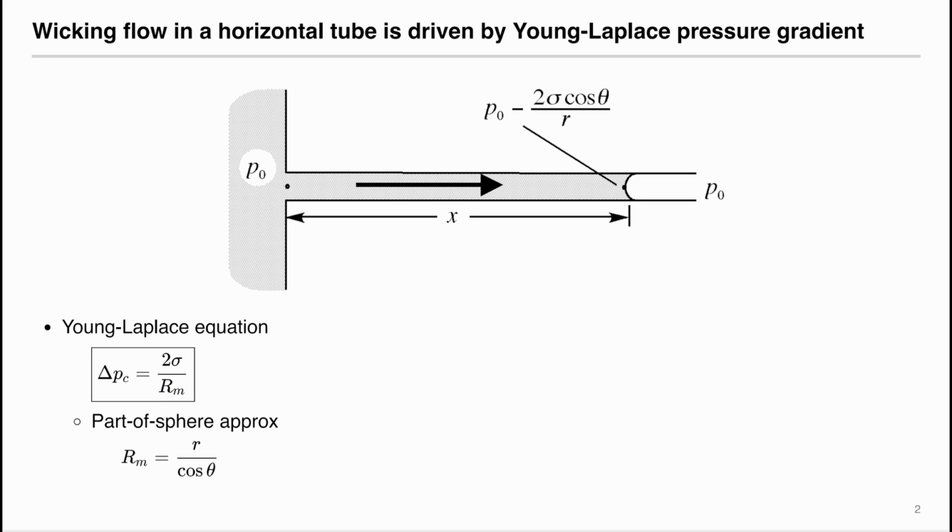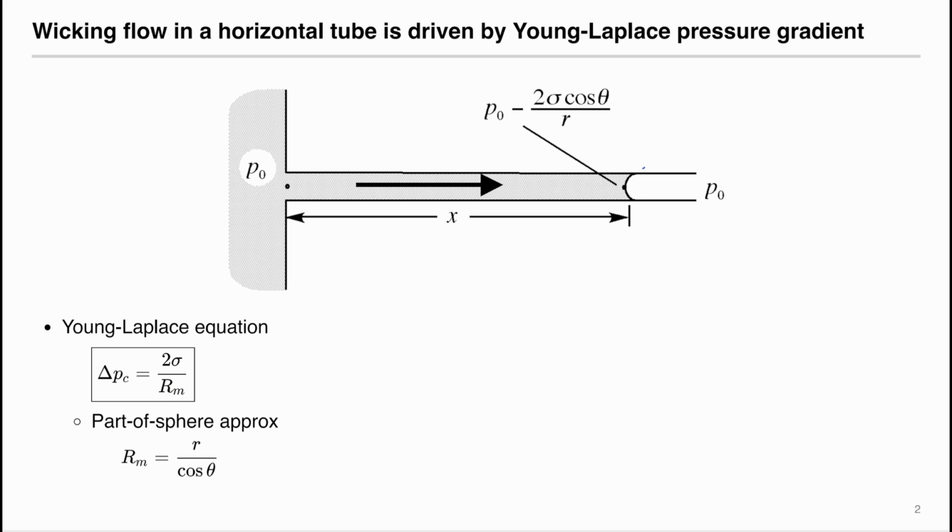paper. Let us first consider the simplest example of wicking through a horizontal capillary tube. The ambient pressure we denote as P0, and we also assume that at the base of the capillary we also have a pressure of P0.